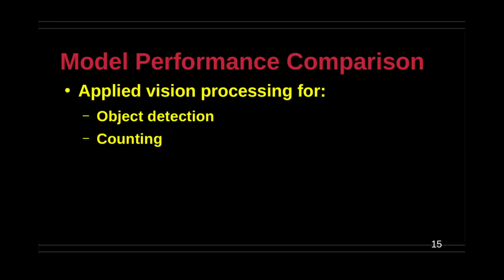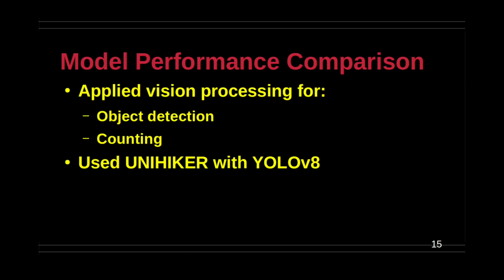Obviously, using the UNIHIKER board should be limited to special applications for object detection owing to the limited resources available. However, the fact that YOLO can be run on UNIHIKER is a great testament to its design as well as the tremendous work done by the software package publishers who generously provided an open source solution for all of us to improve our learning experience in vision processing.